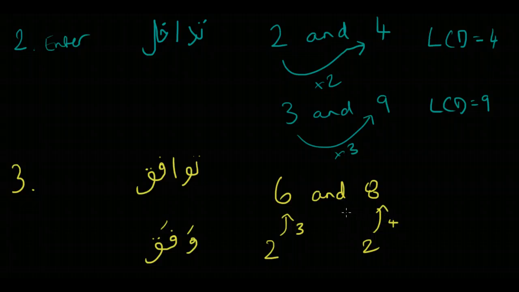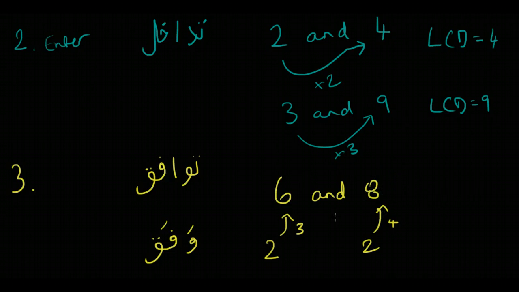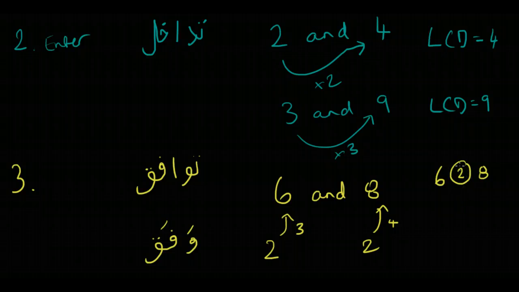Now, when we have a situation like this, we can work out the lowest common denominator with a simple method. We have 6, and we have 8, and we have the wathaq 2. We know that 2 will go into 6 3 times.